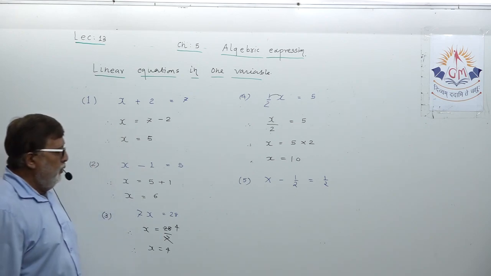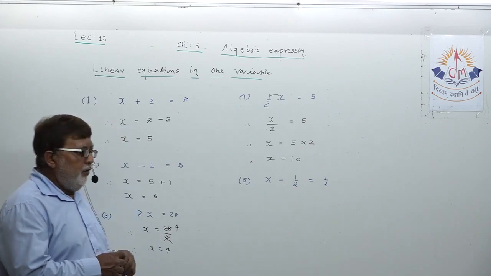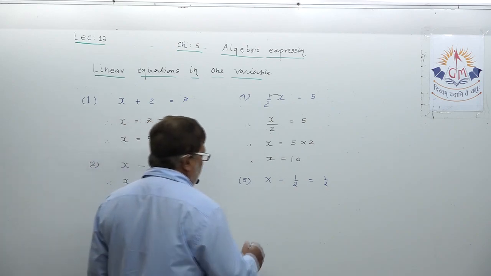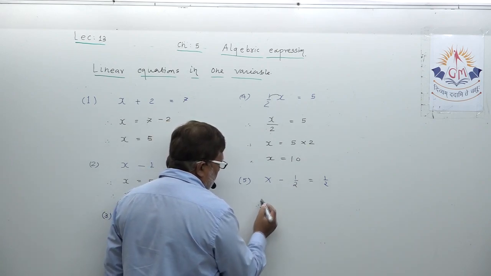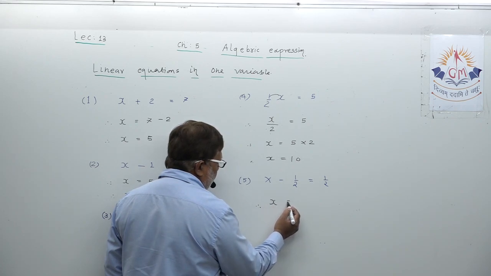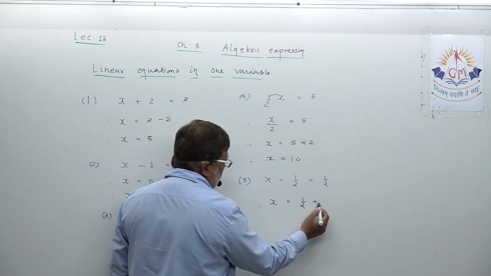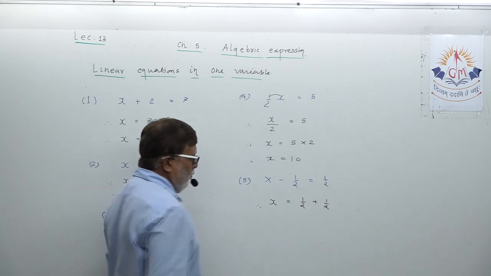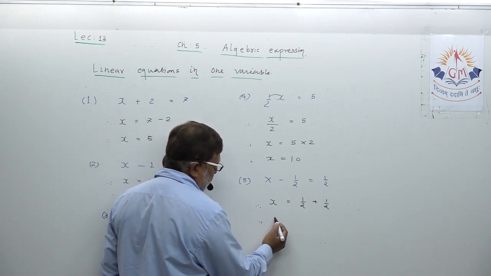As you know, just a question of transferring only. So I would like to transfer 1 upon 2 on the right side. So this will give me 1 upon 2 plus 1 upon 2. How to solve this, dear student?